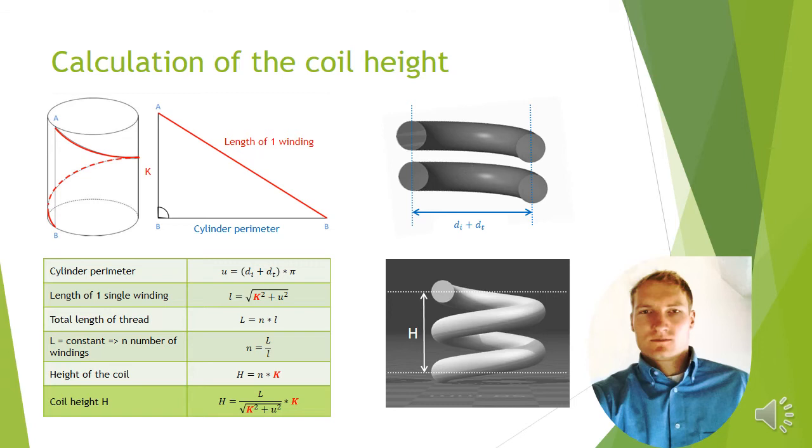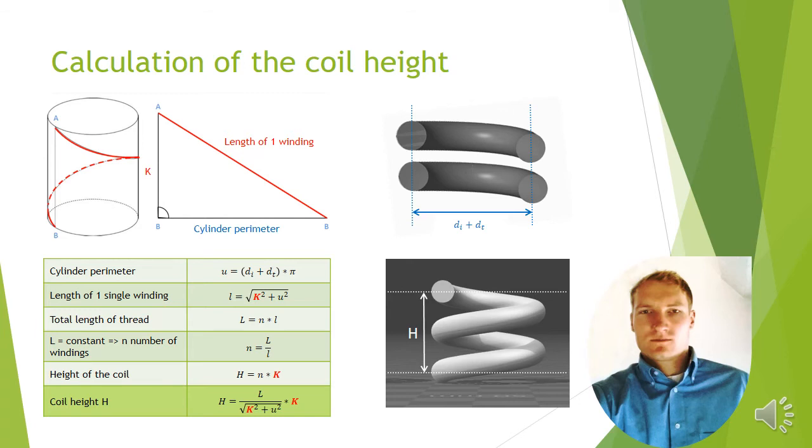And we can easily calculate the perimeter of this cylinder by multiplying pi times the inner diameter of our coil and the diameter of the cross section of our wire.